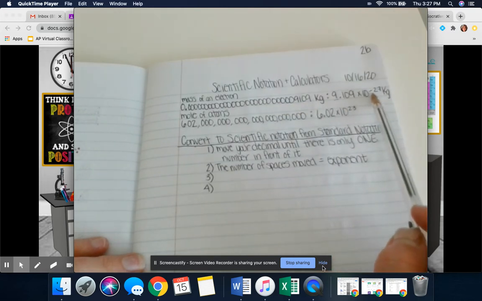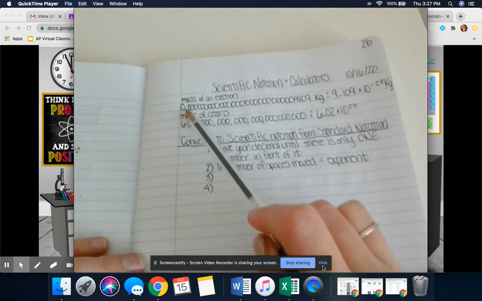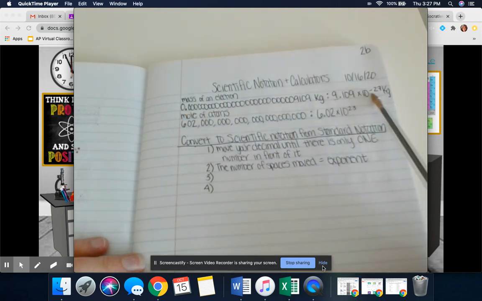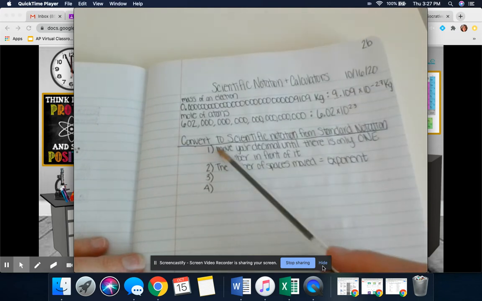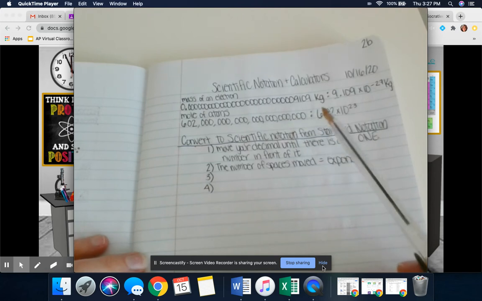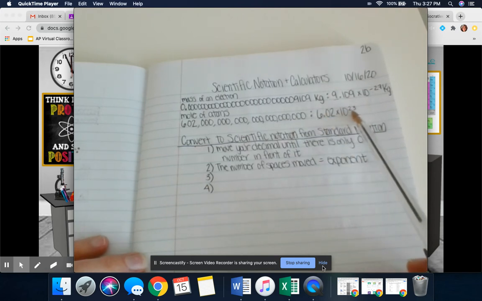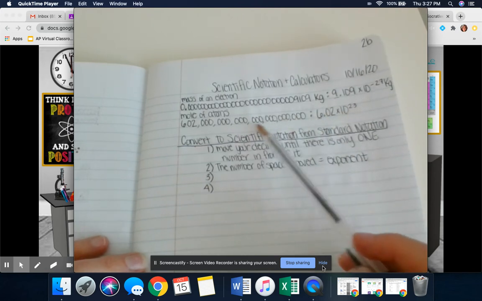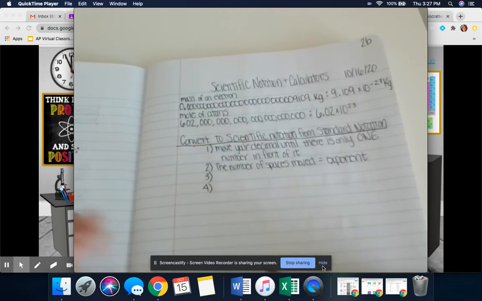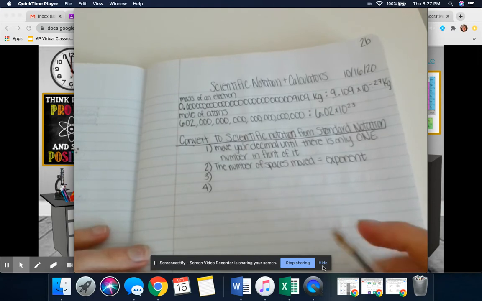So that's why we moved this decimal place to the right, and I have a negative exponent for how many times I had to move it. The mole of atoms, this number is really, really big. So that's why I have a positive number, because I had to move my decimal all the way over to the left. And that's kind of the key thing to remember here.